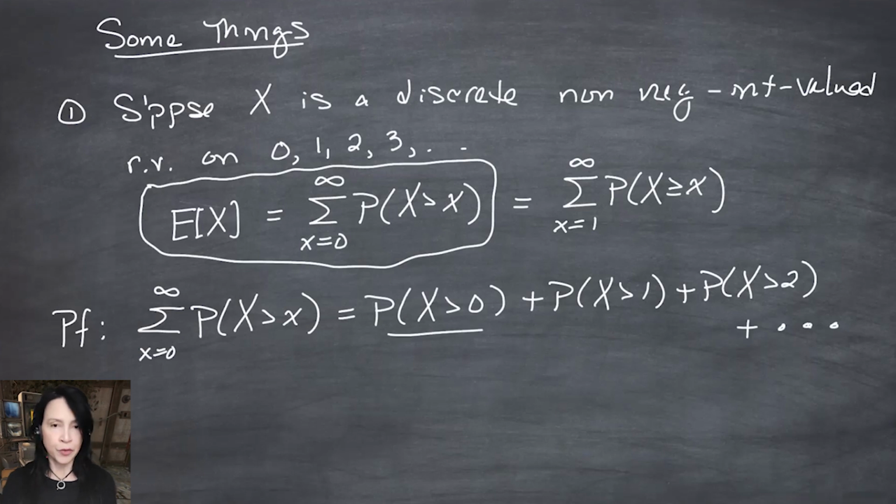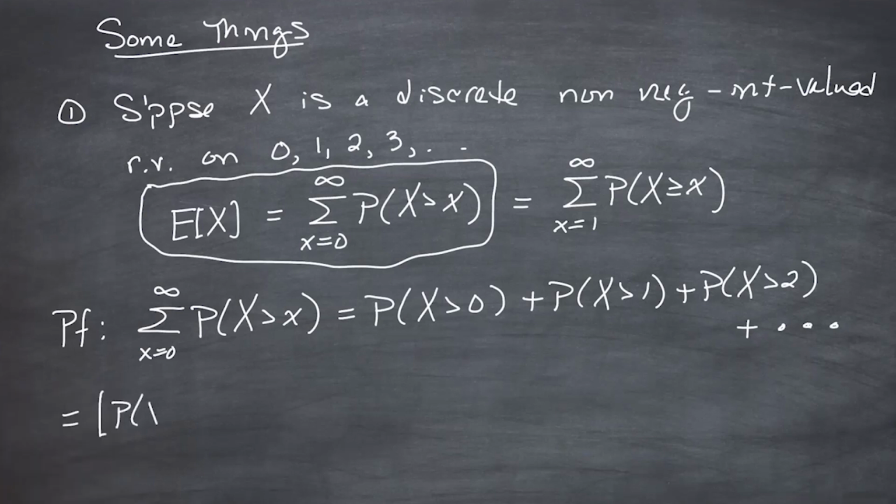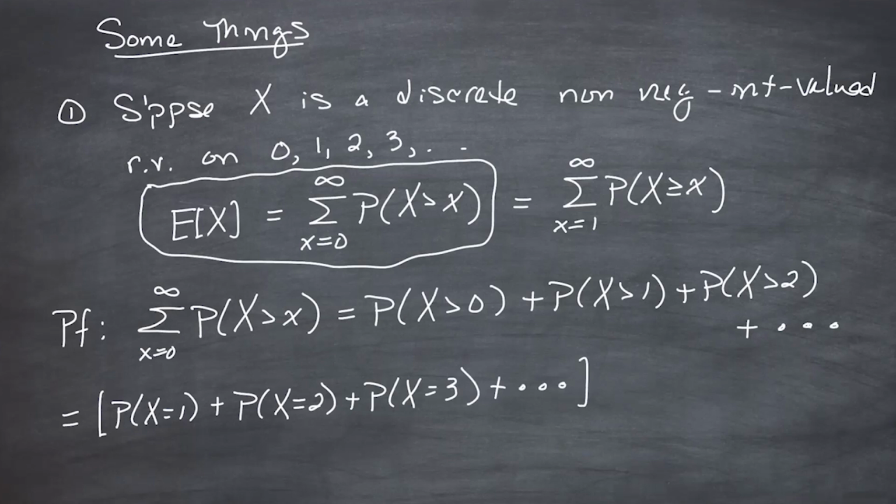Let's consider this first probability, that X is greater than 0. I can write that as the probability that X is 1, or I can add on the disjoint probability that X is 2 or X is 3, etc. And all of that just corresponds to this first term.